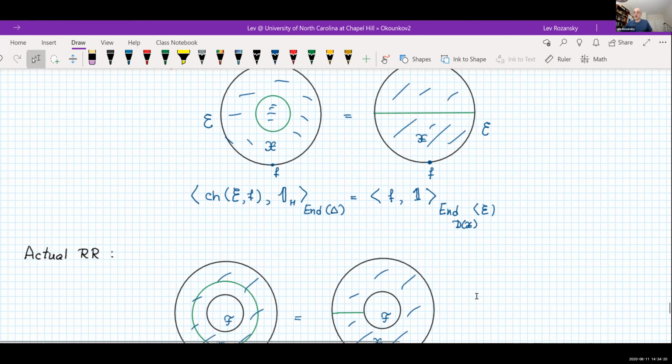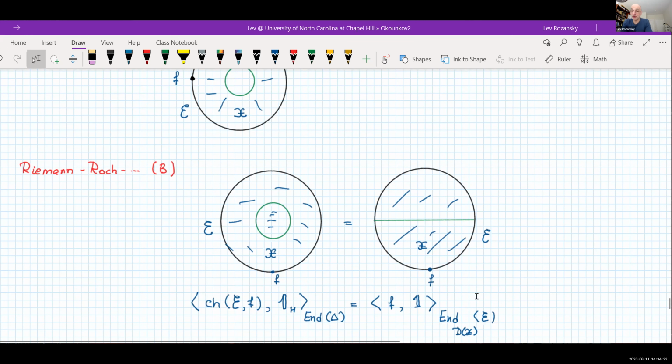Okay, so what I want to explain, if I have a chance, next week is how these same pictures apply to our story with Alexei. So instead of categories, we'll have two-categories. So to green segments and green circles, we'll be associating categories.